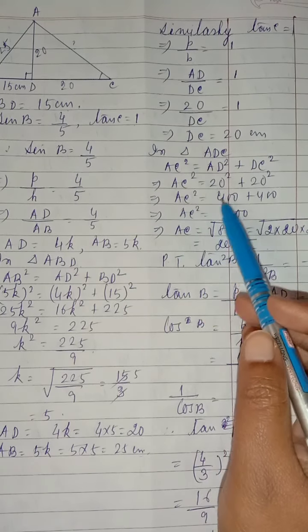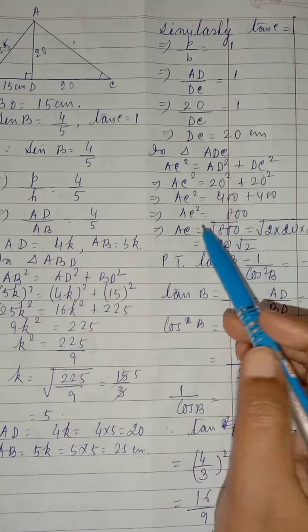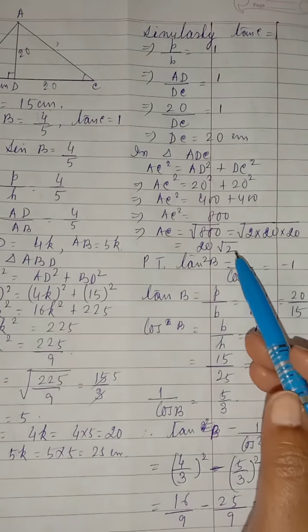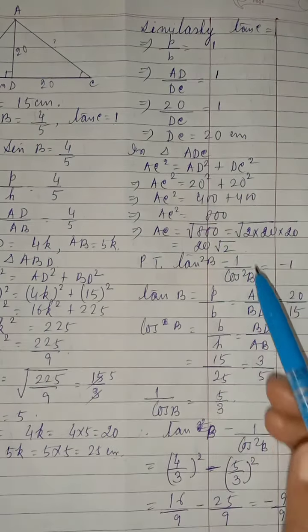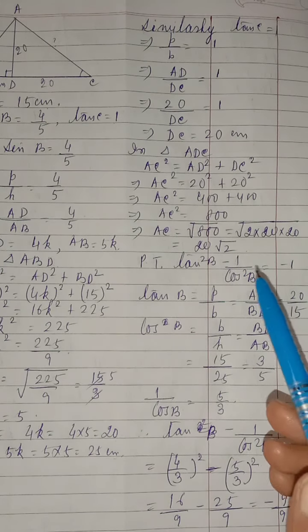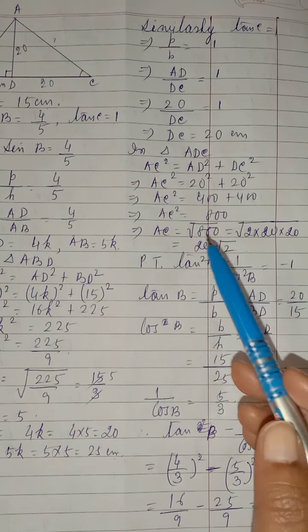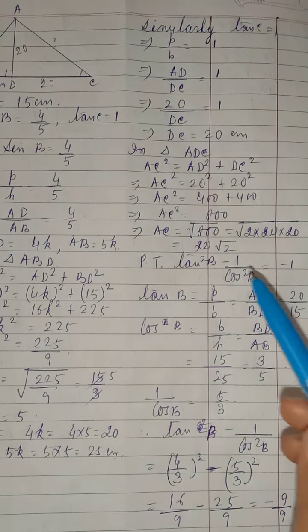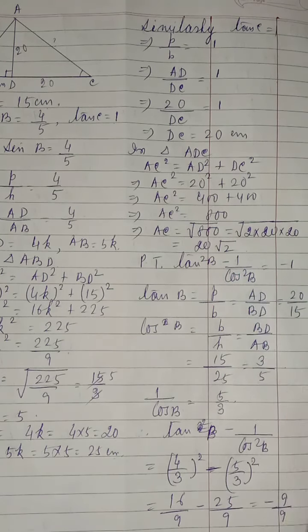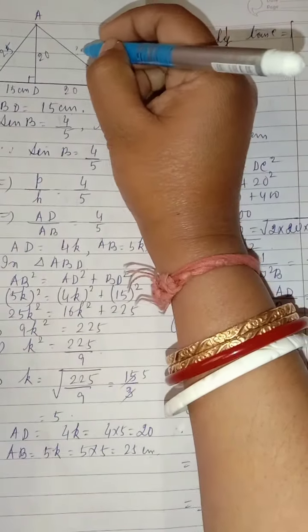So AC square is equal to 400 plus 400, so AC square is equal to 800. So AC will be equal to square root of 800. It can be split like 2 into 20 into 20. In class 9 everyone should know how to find the square root of a number. So it's 20 root 2. So AC's value also we got, it's 20 root 2.